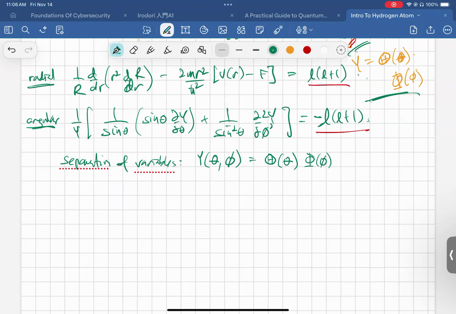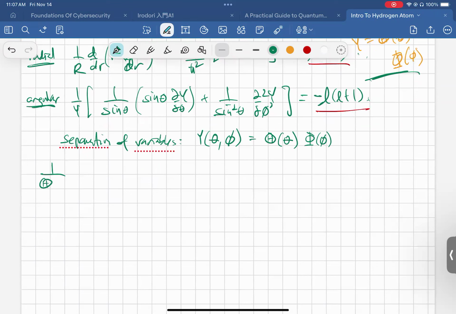Okay, so when we do that dun sa angular component, okay, anong mangyayari? So we have 1 over capital theta and then capital phi times 1 over sine theta, and then partial with respect to theta.